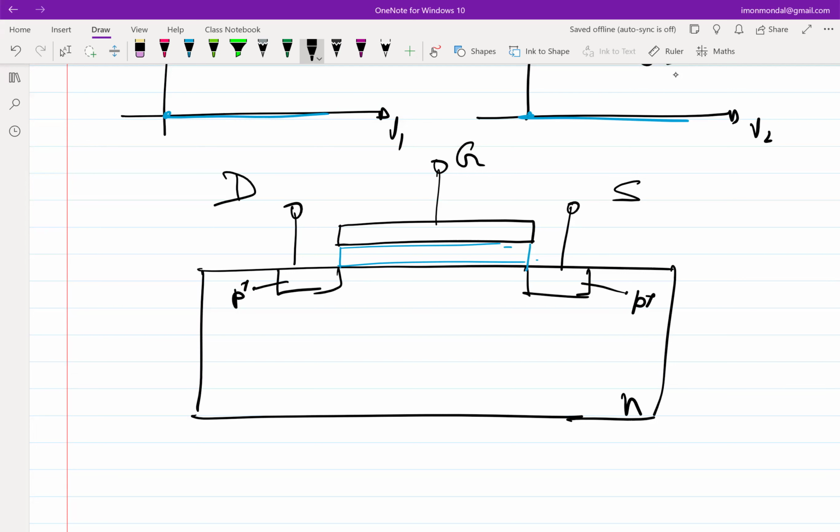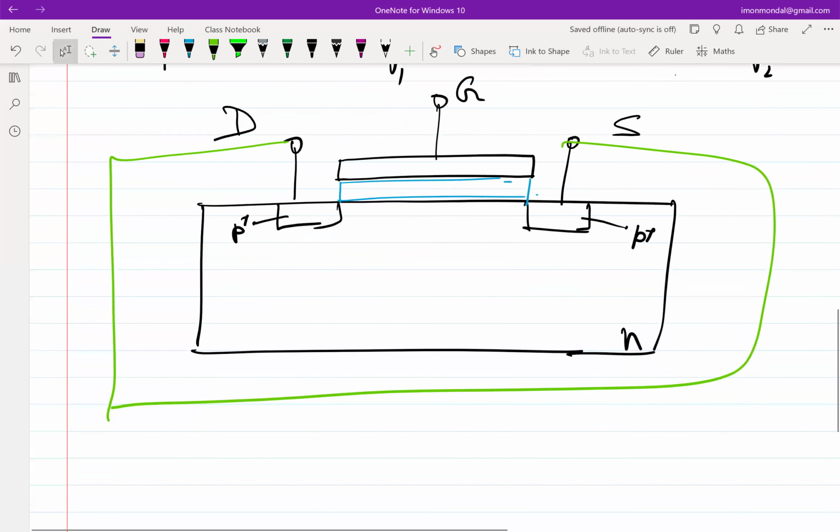For the time being, again, let us assume the biases have been set. So let's assume for the time being, gate and source are connected together, because I am trying to figure out what will be the concentration of electrons in the channel or holes in the channel. We'll put in some voltages later on. So let's say they are connected together and connected to VDD or connected to 2 volts or some supply.